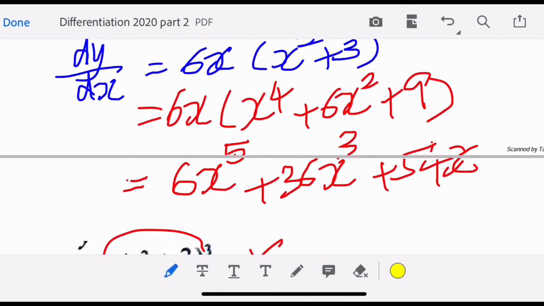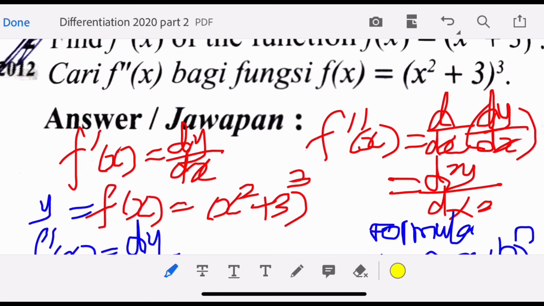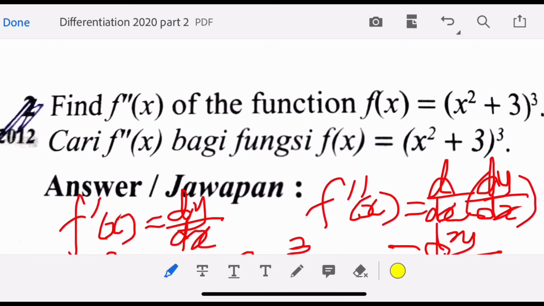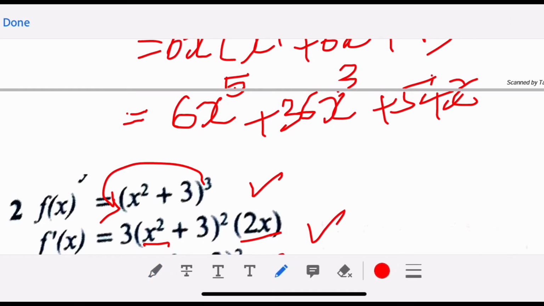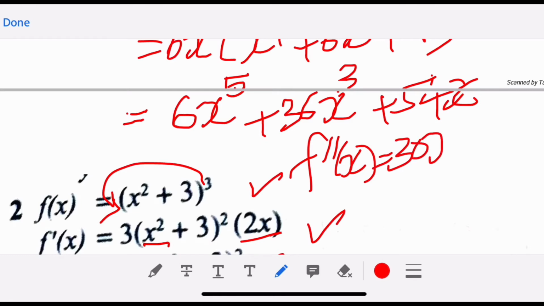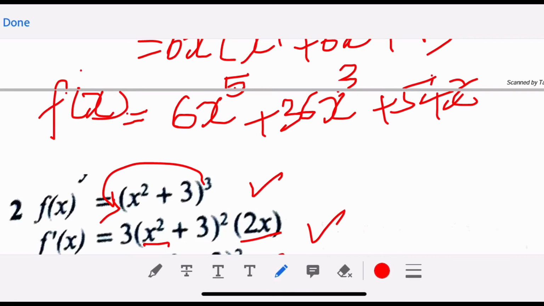Let's check again before we proceed. This is dy/dx: 6x to the 5 plus 36x cubed plus 54x. Now I'm going to differentiate one more time, and I write it as f double prime x. So 5 times 6 is 30x to the 4 plus 108x squared. I did a mistake, I wrote power 5.